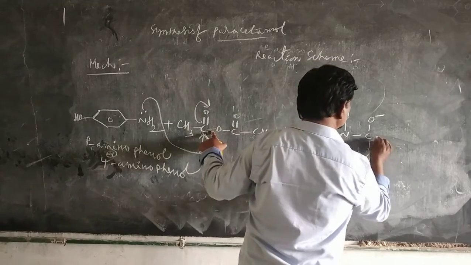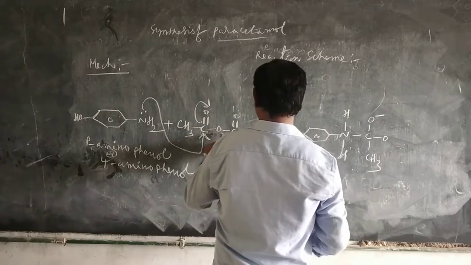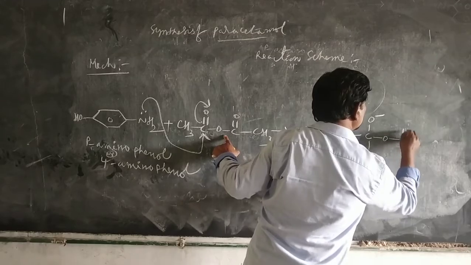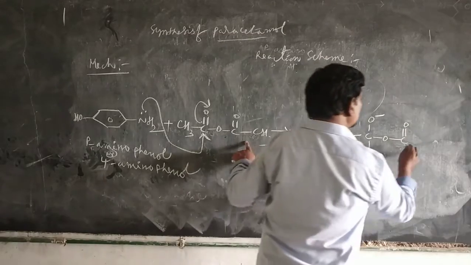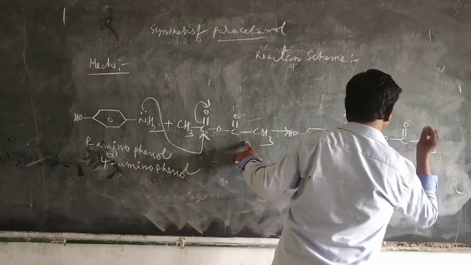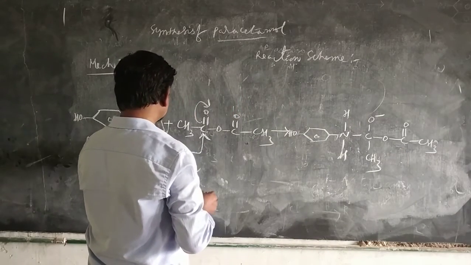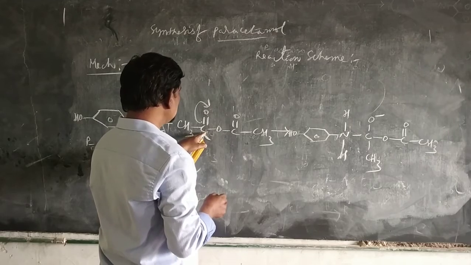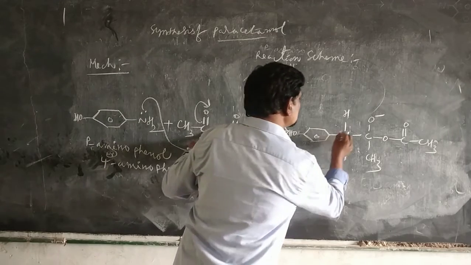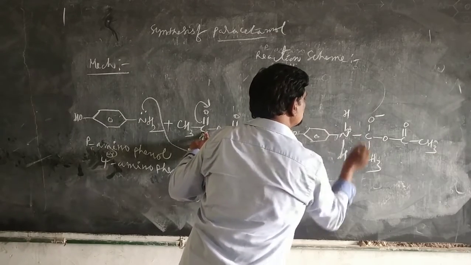The remaining portion is a single bond O and single bond C double bond O, with the remaining methyl group CH3. The lone pair connected to the partially positive carbon, so the nitrogen gets a positive charge.